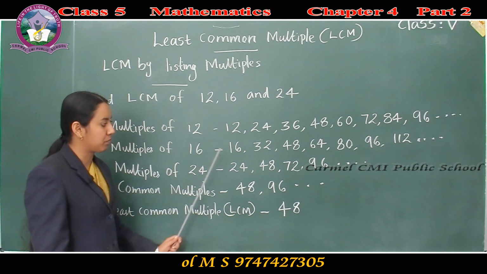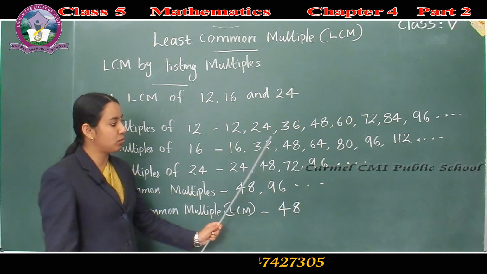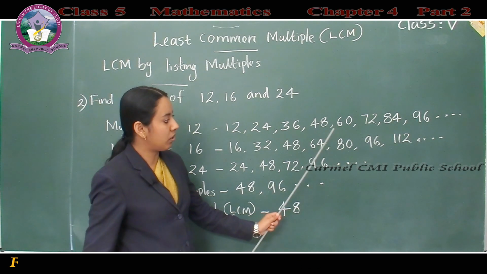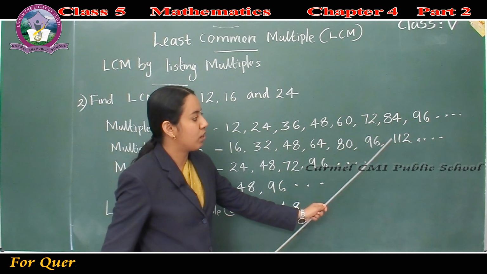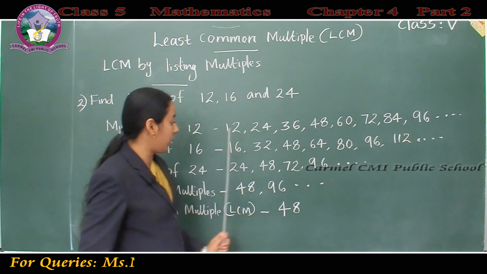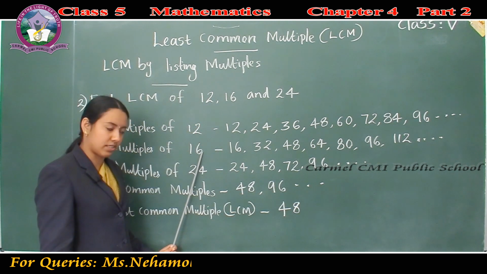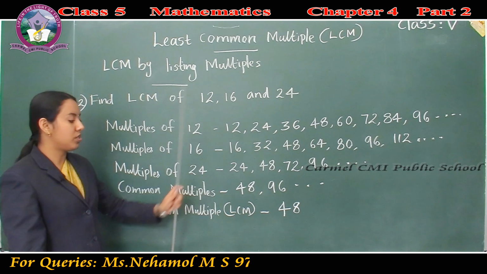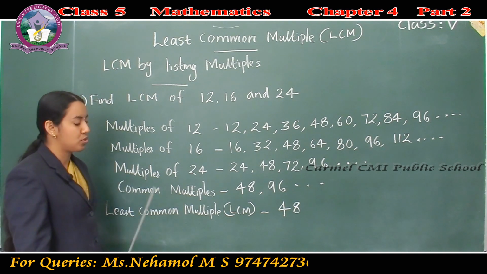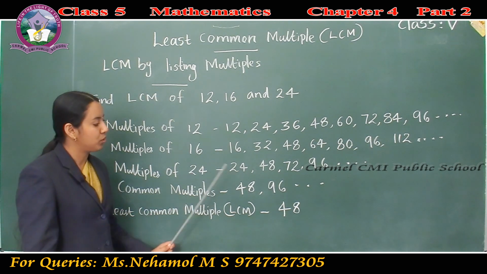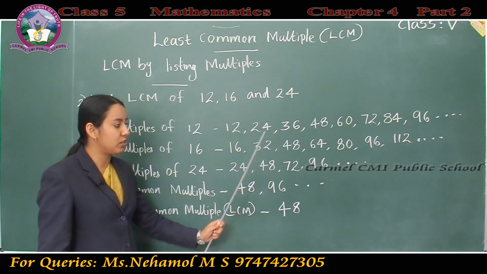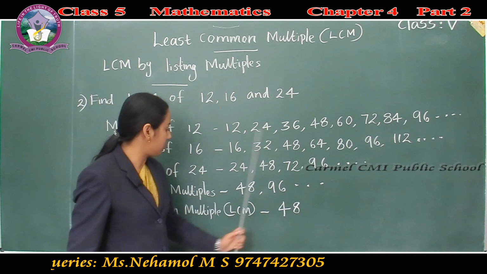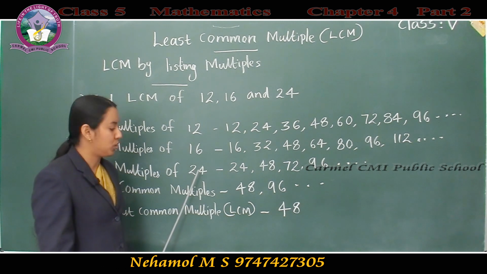Multiples of 16: 16, 32, 48, 64, 80, 96, 112, etc. Next number 24. Multiples of 24: 24, 48, 72, 96, etc.